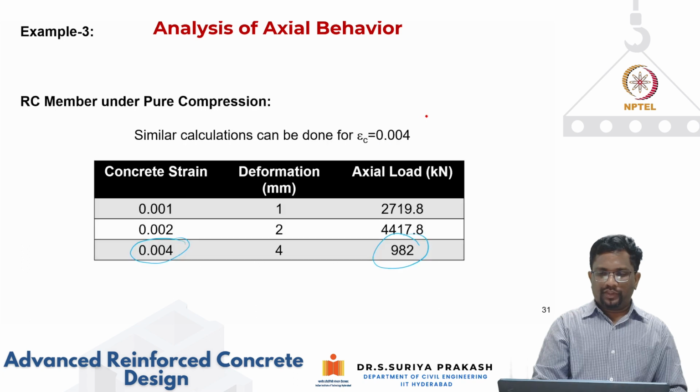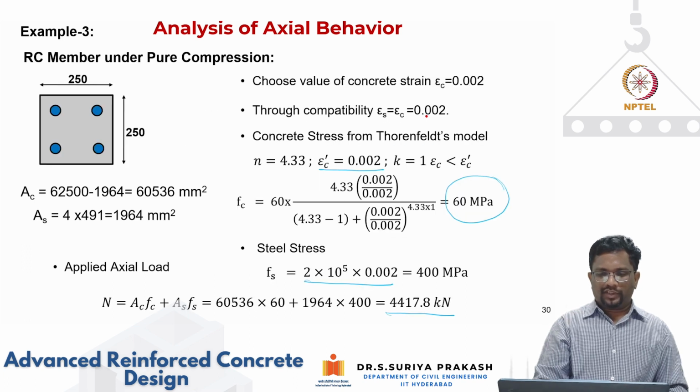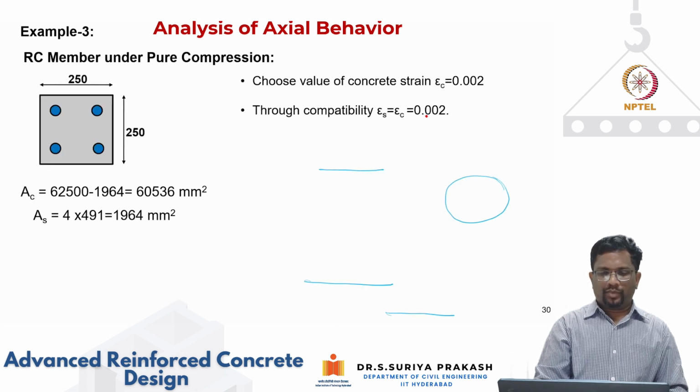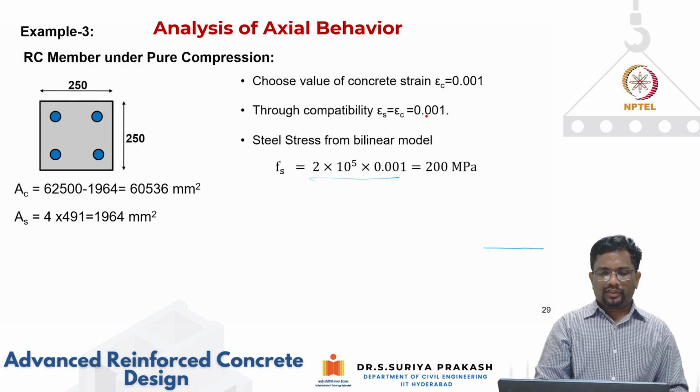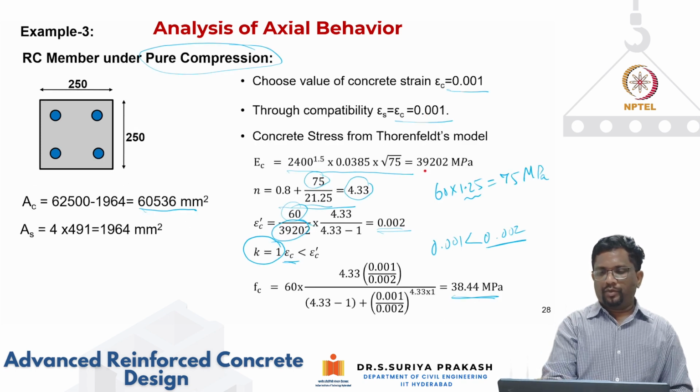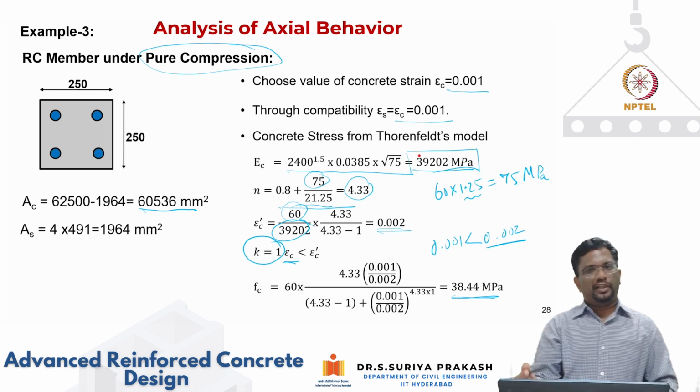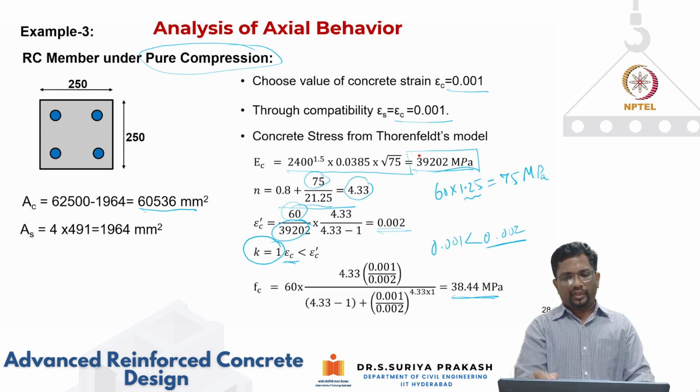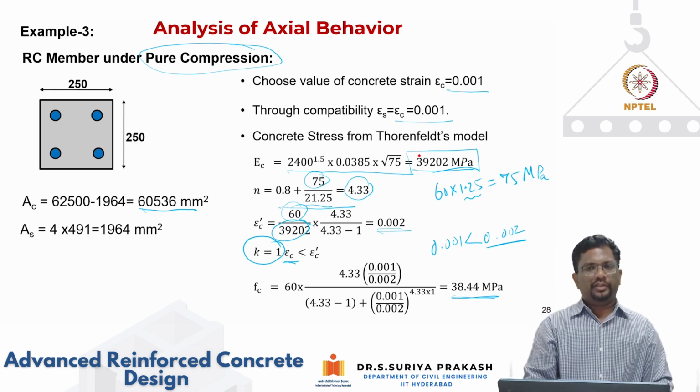0.000153. Now you can again go back. What is the EC that we got previously? If you go back to this EC, we got 39,202 megapascal. That's not going to change. That is the elastic modulus of concrete in compression, right? As per this empirical equation, just like what we have done, 5,000 square root of FCK.